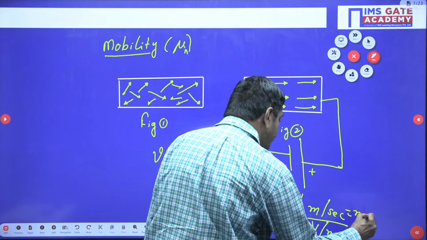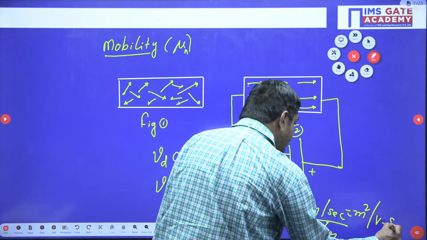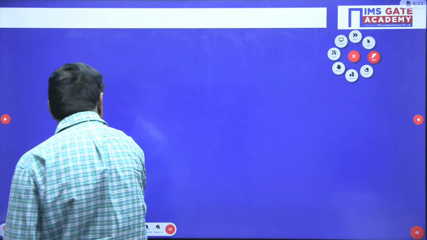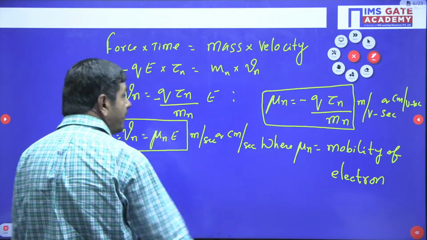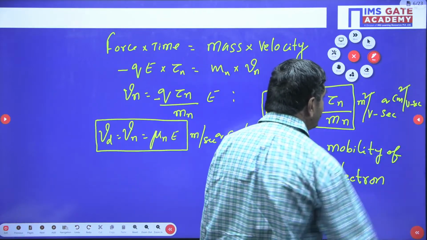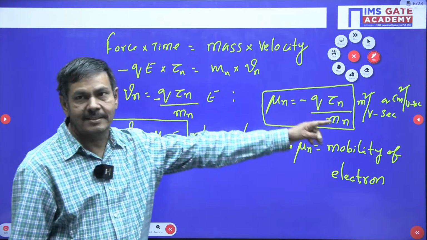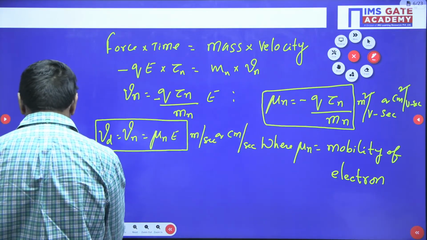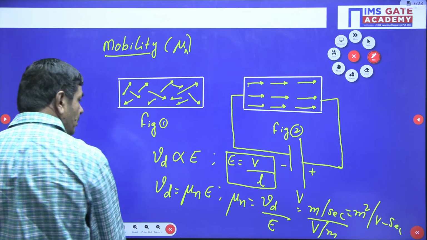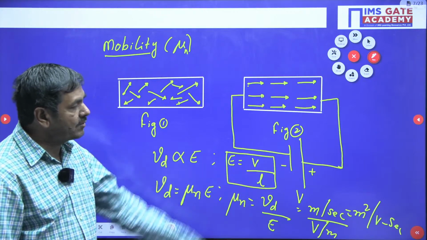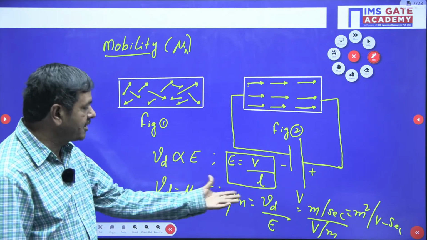Finally, meter square per volt second is the unit. I said meters per volt second before; my mistake, it is meter square per volt second, or centimeter square per volt second, for mobility.